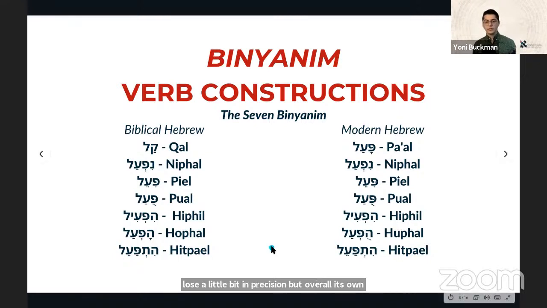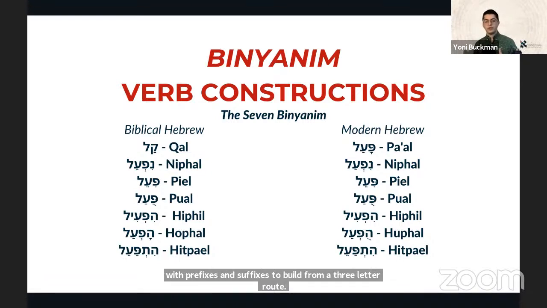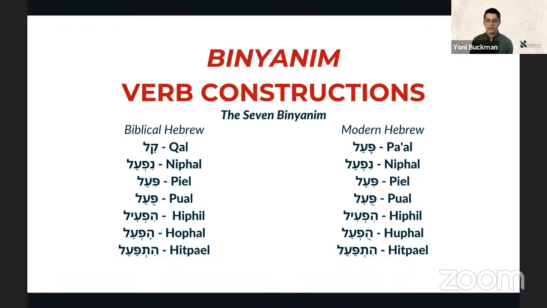The binyanim, these verb constructions, this is when you start to play with vowels, when you start to play with prefixes and suffixes to build from a three-letter root into something bigger. The binyanim are generally speaking the same between biblical Hebrew and modern Hebrew. This is not something that has totally evolved.